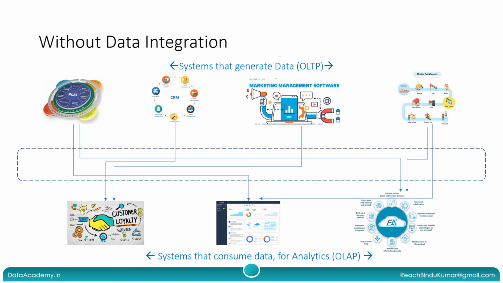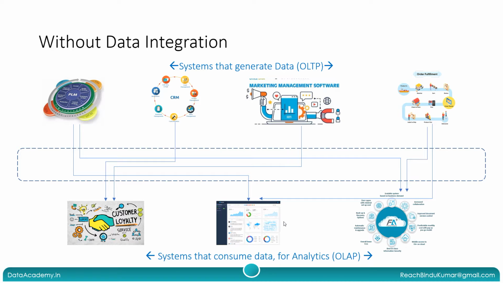And then at the bottom of the picture, you see applications that consume data, for example, customer loyalty, finance analytics, and so on. These are systems that don't necessarily generate data. Instead, they consume data. In any organization, it is normal to see these two categories of applications: applications that generate data and applications that consume data.